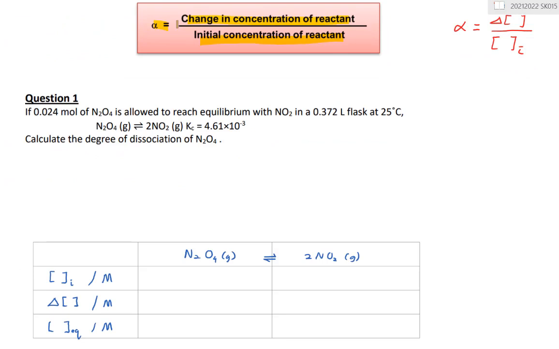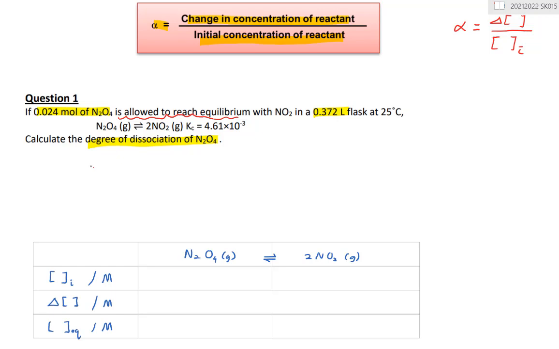If 0.024 mole of N2O4 is allowed to reach equilibrium with NO2 in a 0.372 liter flask at 25 degrees Celsius, calculate the degree of dissociation of N2O4. If you look at this sentence, it says is allowed to reach equilibrium. That means the reaction has not yet started, which means this 0.024 mole is the initial number of moles.